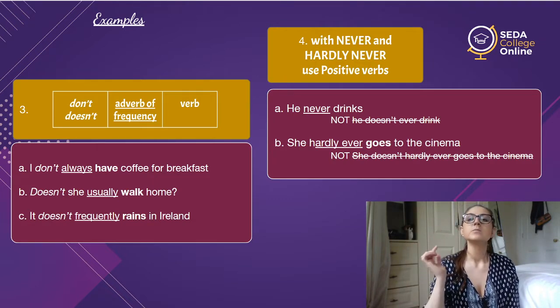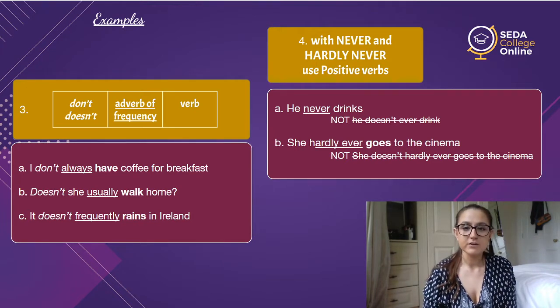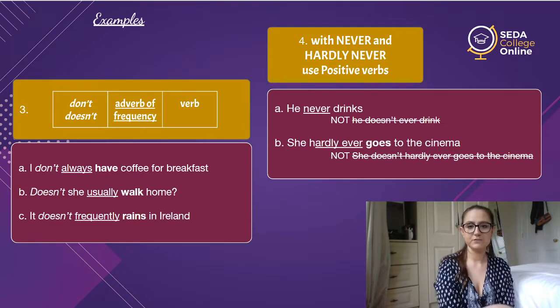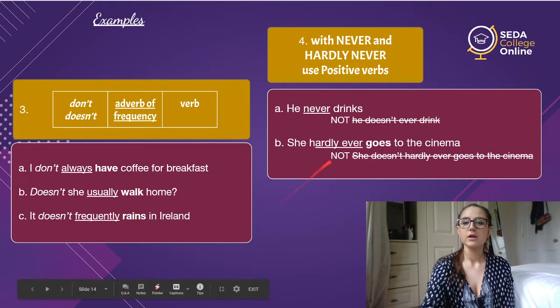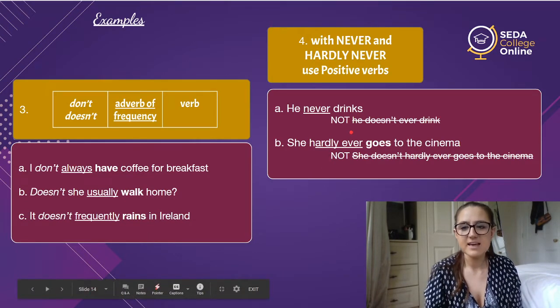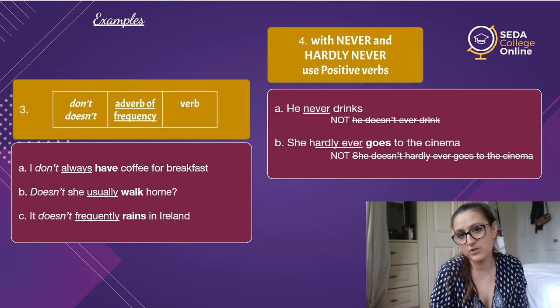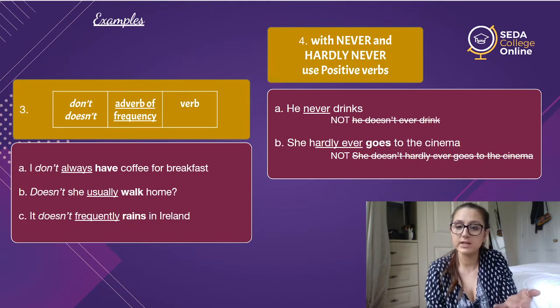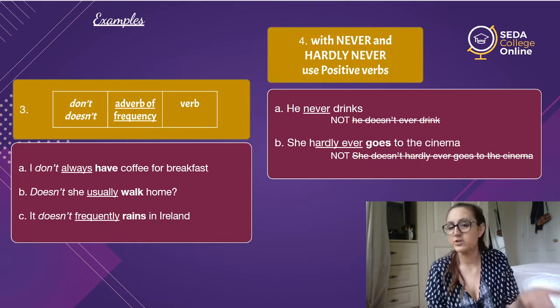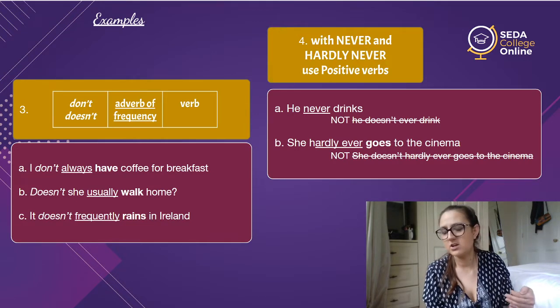But with hardly ever and never, we always put something positive after. It is not "he doesn't never drink." For example, he does drink. He never drinks. You get me?